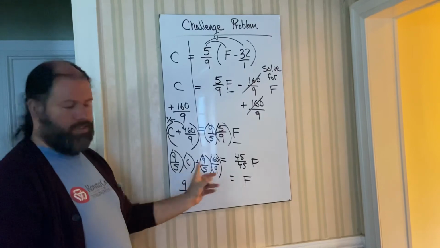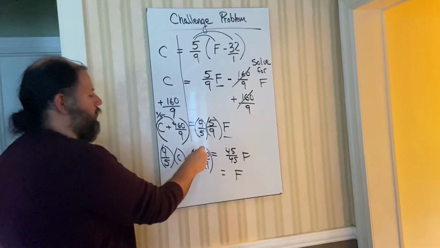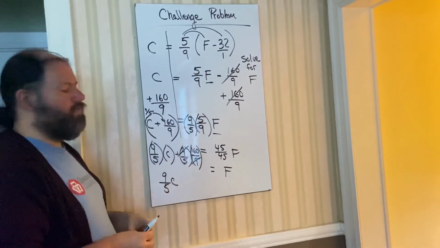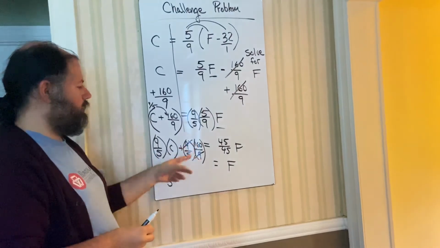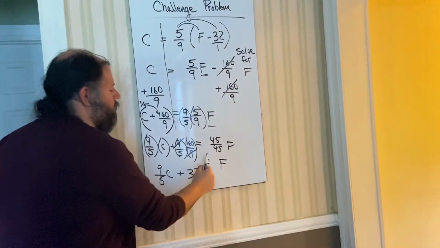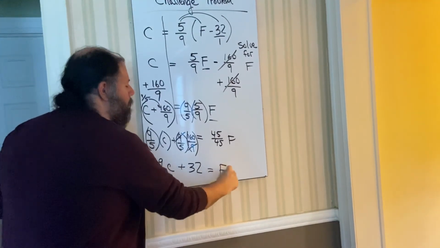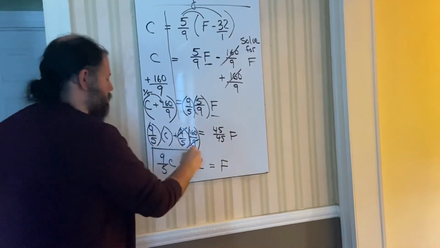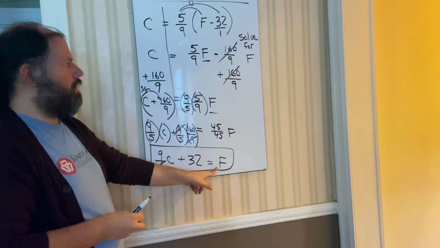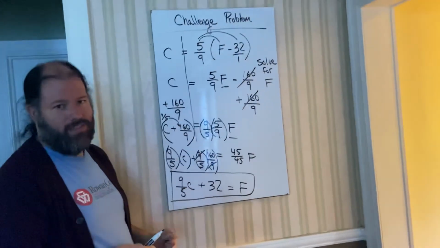And here, either multiply across, or some of you know that a 9 on top and a 9 on bottom would cancel out. So you would have 160 divided by 5, and 160 divided by 5 actually divides out to be 32. So let me clean this up a little bit. So here is our final answer. And this problem was challenging because we had parentheses and fractions.